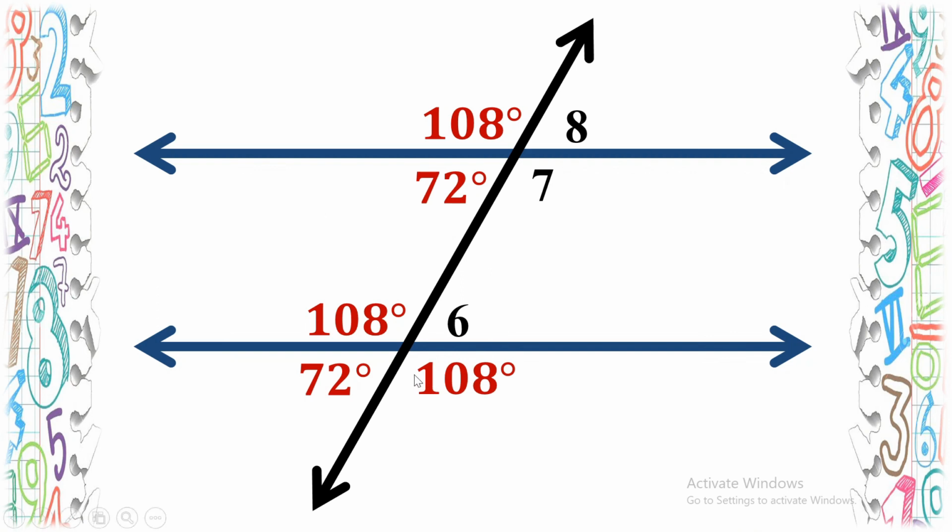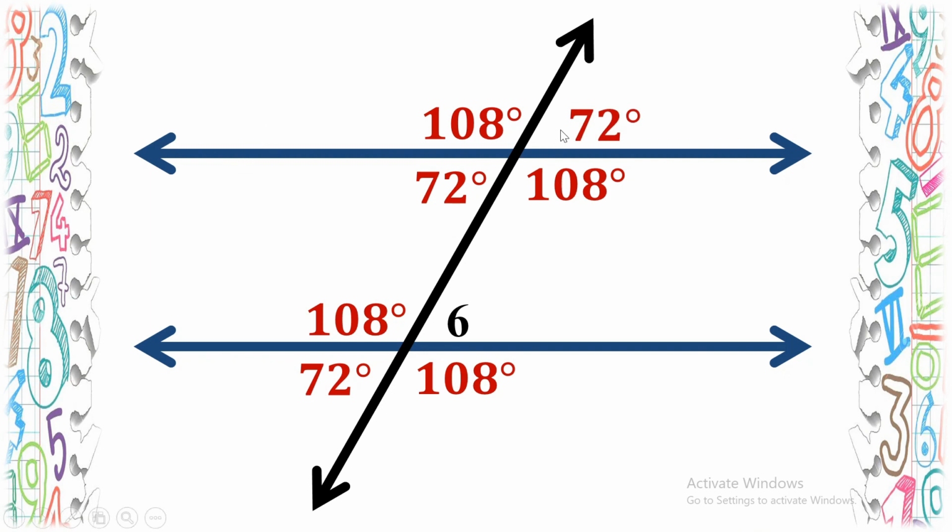And since this angle and angle 7 are corresponding angles, the measure of angle 7 is also 108 degrees. And of course, since angle 8 forms a linear pair with this angle, the difference between 180 degrees and 108 degrees is the measurement of angle 8. So we have angle 8 that measures 72 degrees.